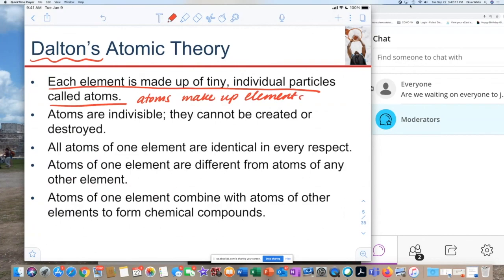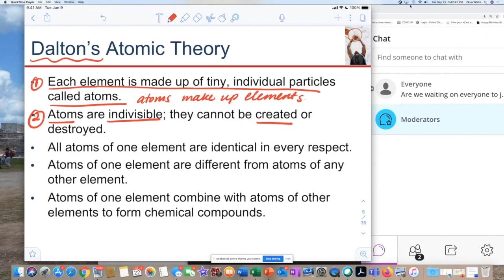These atoms are small, they're tiny, they're individual particles, and of course they make up elements. So they're like building blocks, right? When you have a bunch of atoms, you end up with elements. Number one.